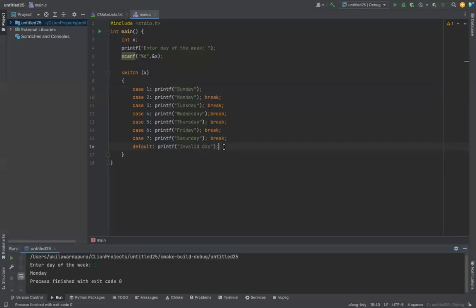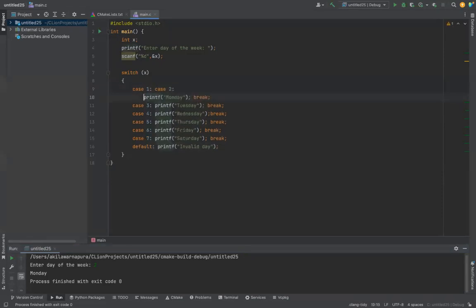Okay. And there are some cases where, if the case is 1 or 2, then we have to provide Monday. In such a situation, we can write case 1 and then provide case 2 in the same line.